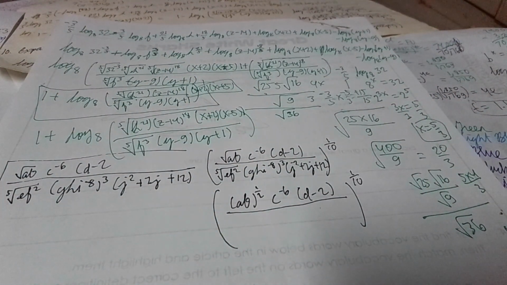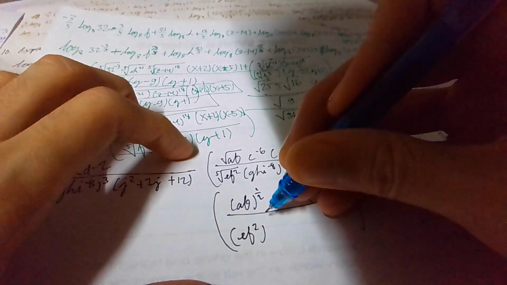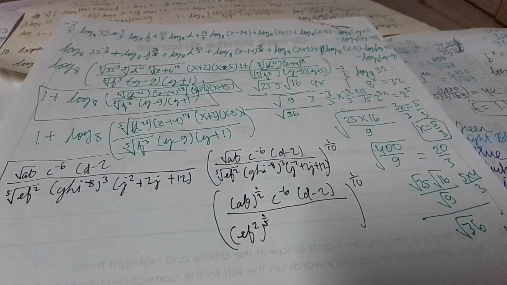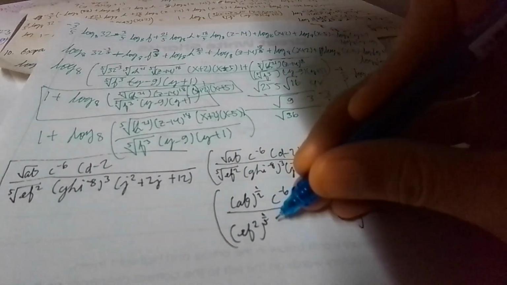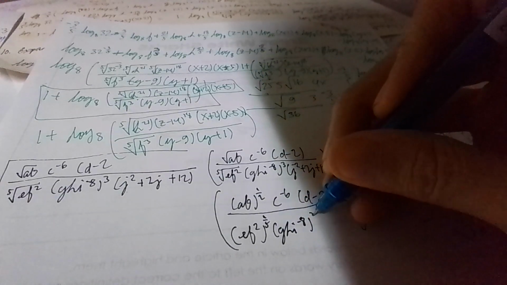What about this one? Yes, that can be translated into a fractional exponent. So therefore, EF squared is being raised to the 1/5 power. And then this one, we can distribute the exponent. Pero sabay na, let's just do it this way. GHI, negative 8, cube.